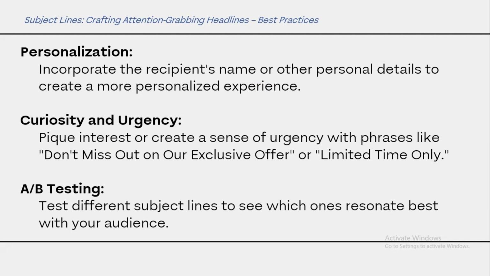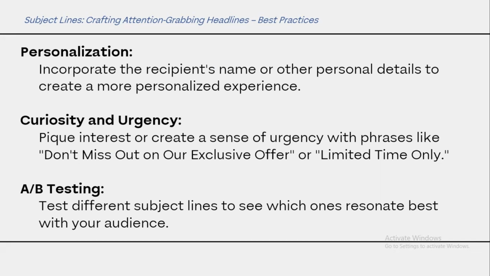Then, the last but not the least, A/B testing. You have to test different subject lines to see which one resonates best with your audience. I recommend that your subject line or your heading is the first thing you get right. So if you were to spend 2 hours on the content of your email, I recommend you spend 6 hours ensuring that you get an adequate subject line.